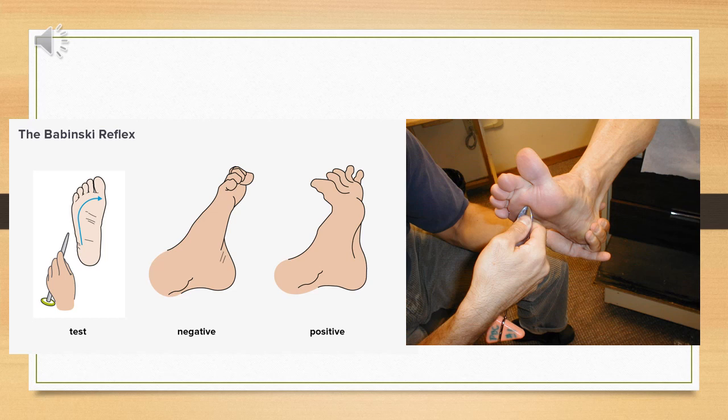Scratch from the outer to the inner side, or from lateral to medial, going over the arrow that is demonstrated. This should be done over 5 to 6 seconds. Avoid doing that quickly. A positive reflex will show mainly extension of the big toe, as you can see. This might be associated with fanning of the other toes.